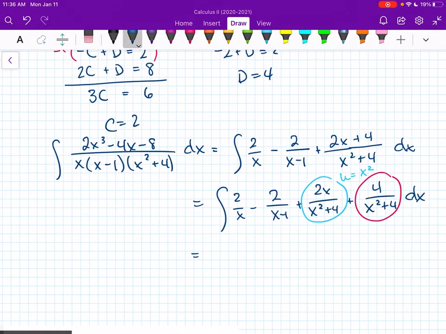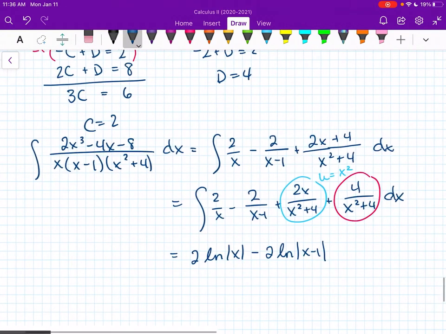So when I go through and do this, the first one is going to be a natural log. So I have 2 times the natural log of the absolute value of x, then minus 2 times the natural log of the absolute value of x minus 1. And then here with my u substitution, I know that 2x is going to cancel, so then I get plus the natural log of x squared plus 4.